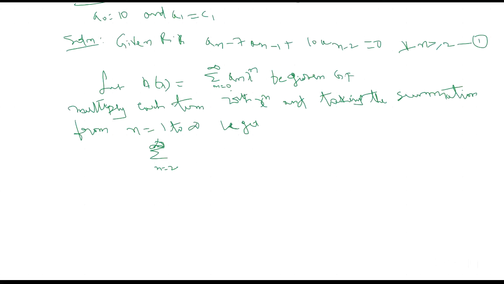So we get A(x) minus a0 minus 7x times A(x) minus a0, plus 10x squared A(x), equal to 0.